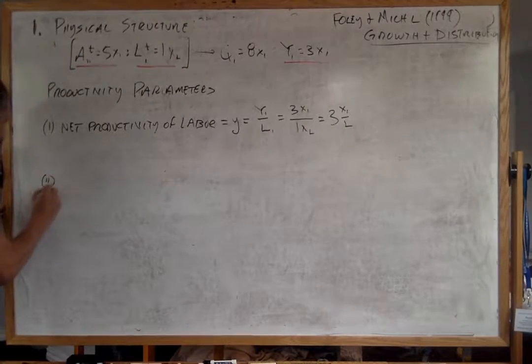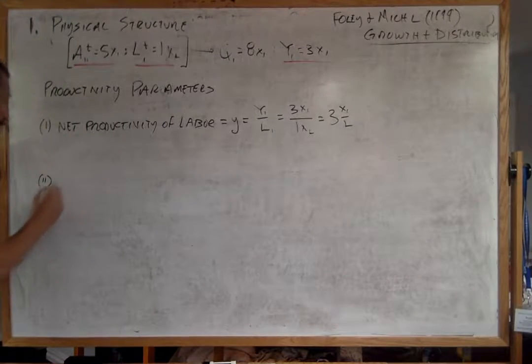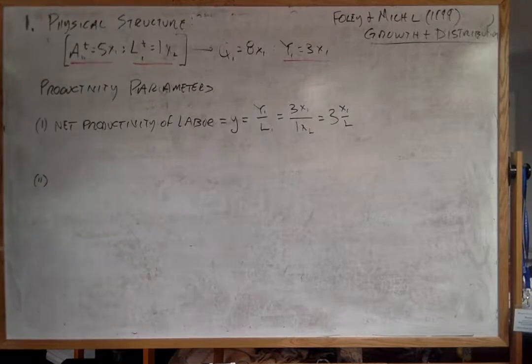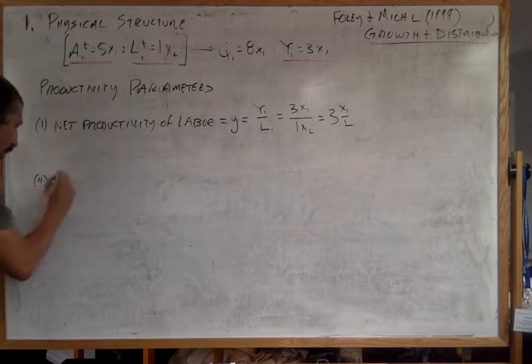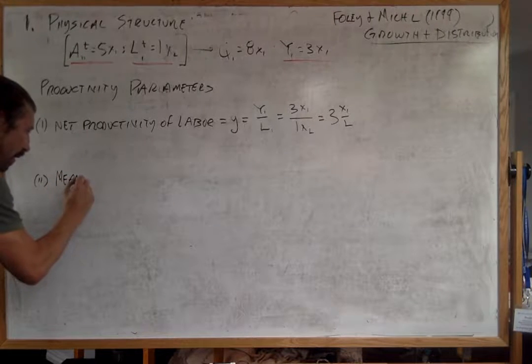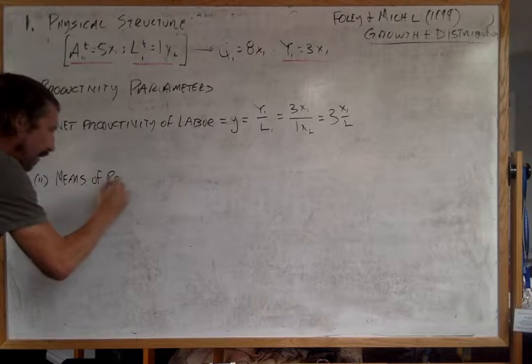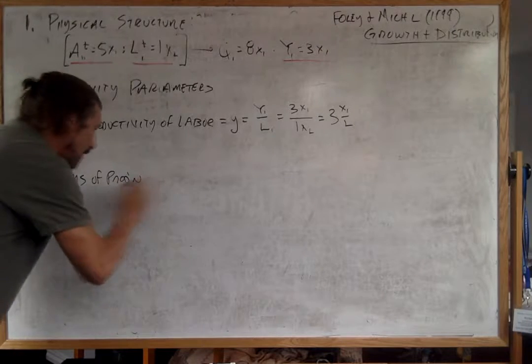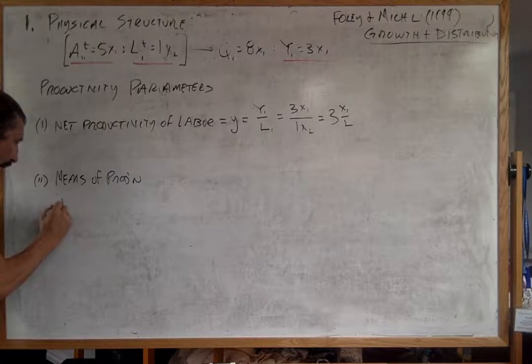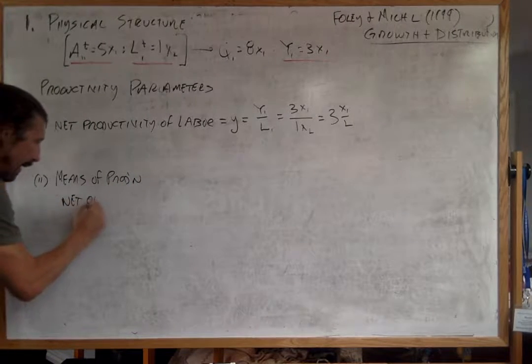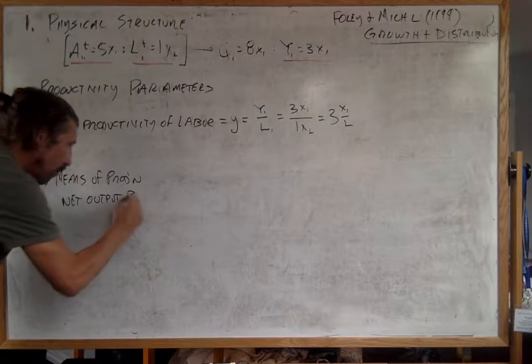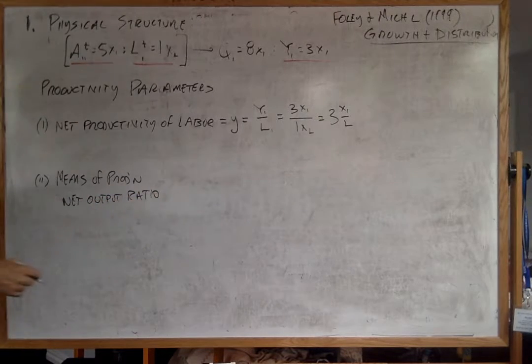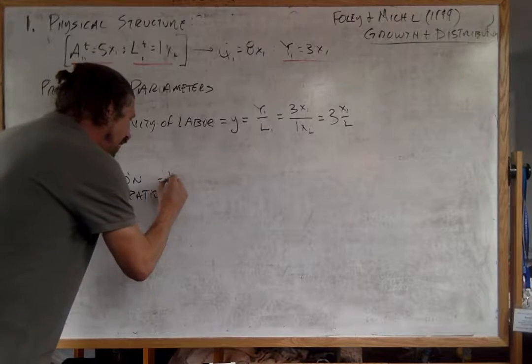The second one we're going to have is the means of production output ratio, or the capital output ratio, the means of production net output ratio. This is the so-called productivity of capital.